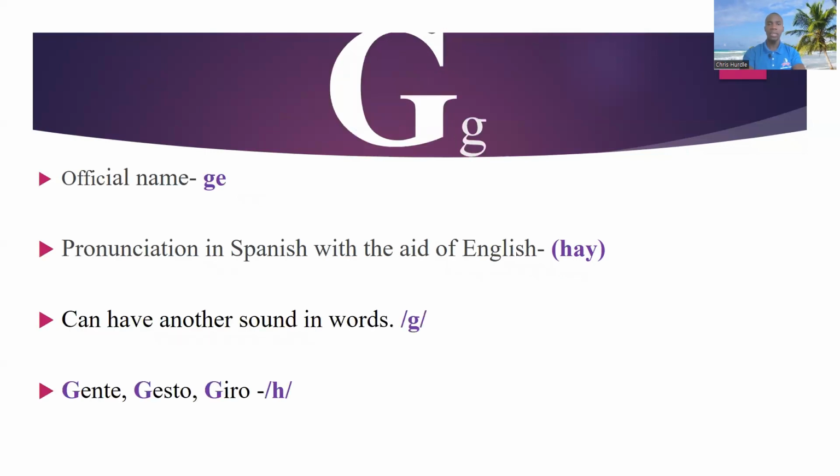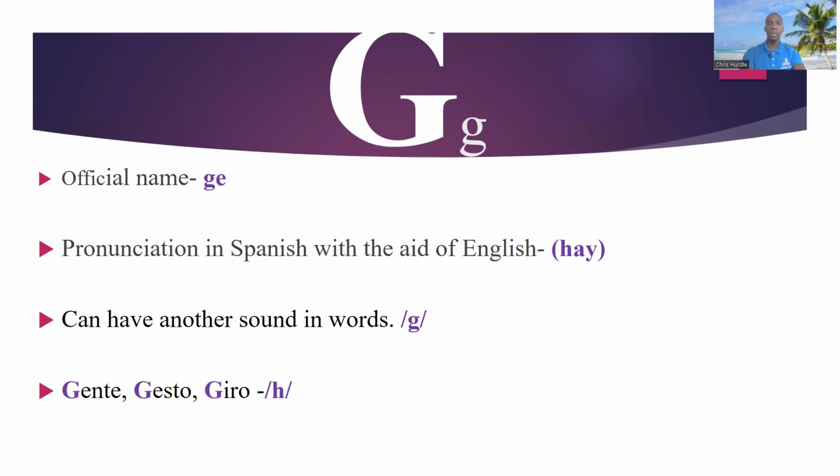G, he. So the letter G in Spanish is going to be pronounced like the English H. But the G can also have another sound, which is like a G in English. All right? But that's a future video because that will only occur within certain environments.